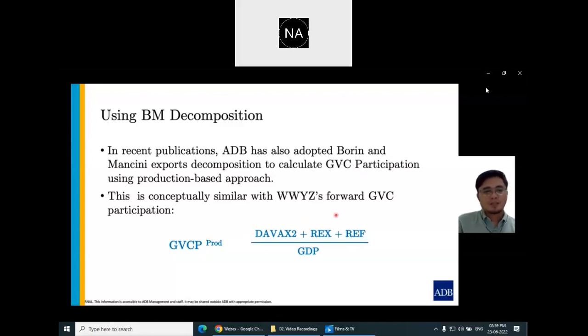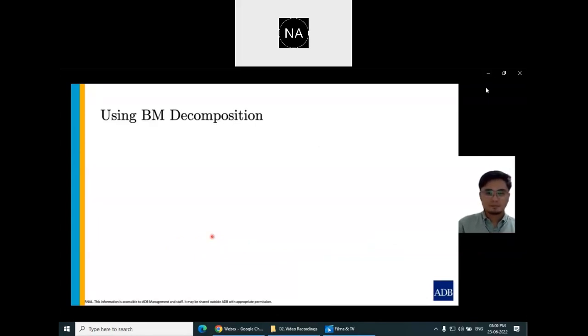So under the Wang Wei Yushu forward GBC participation, this is the equivalent calculation following the Borin and Mancini export decomposition terms. So GBC participation under the production approach is equal to DAVAX 2 plus re-exports plus reflection divided by the total gross domestic product.